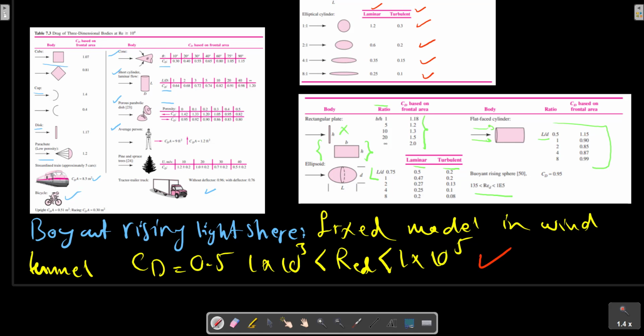That is not the case for a freely rising buoyant sphere. What if the sphere is light?